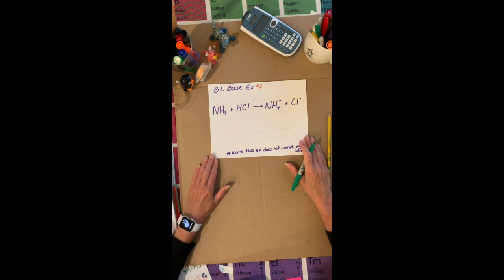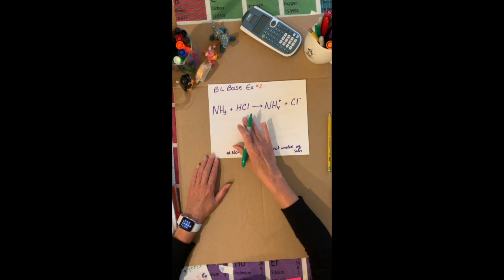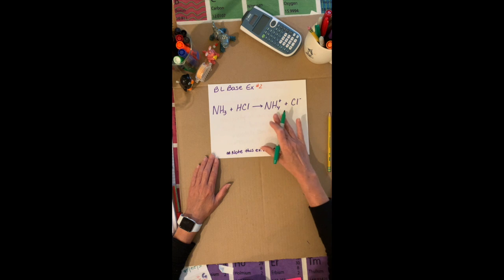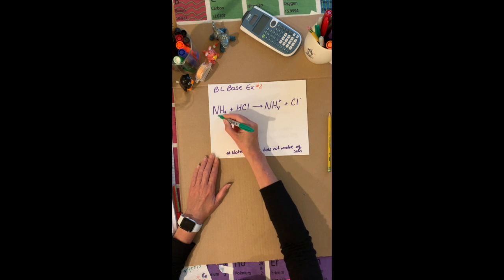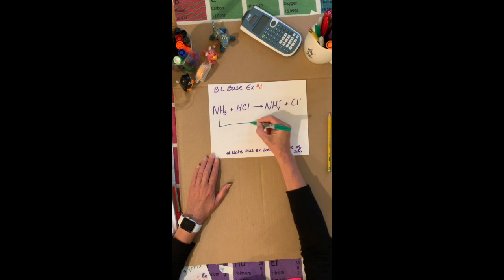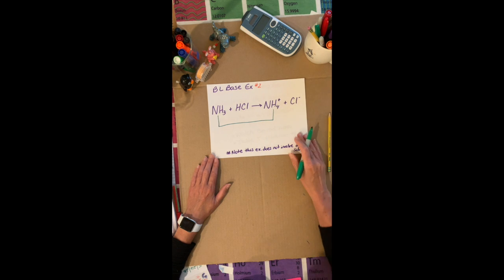Okay, let's look at another example of a Bronsted-Lowry base. So we have ammonia reacting with hydrogen chloride to make the ammonium ion and chloride. When we look carefully, we notice NH3 becomes NH4.